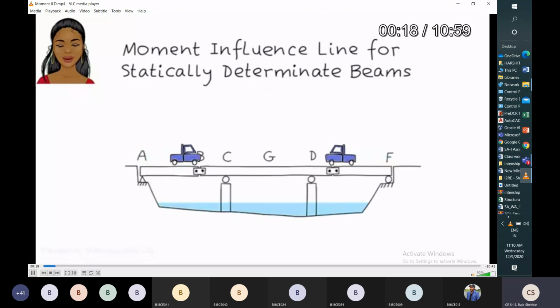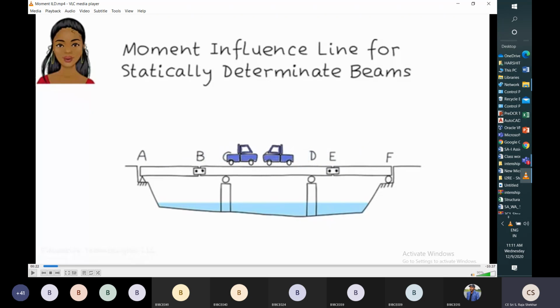Determinate beams. For the design of this continuous beam member, we have to calculate the maximum moment developed in the beam. For that, we will draw the moment influence line.